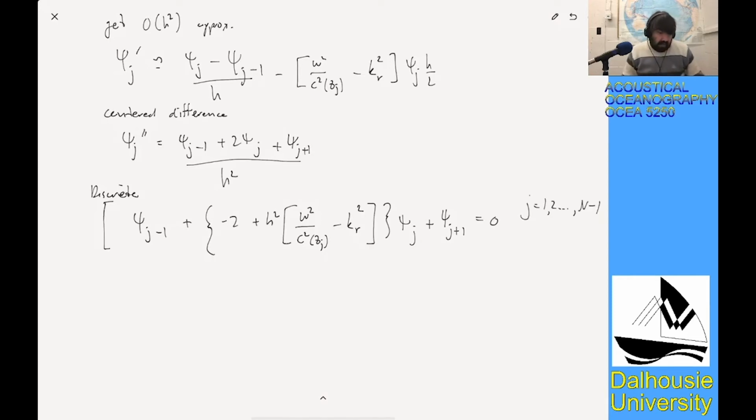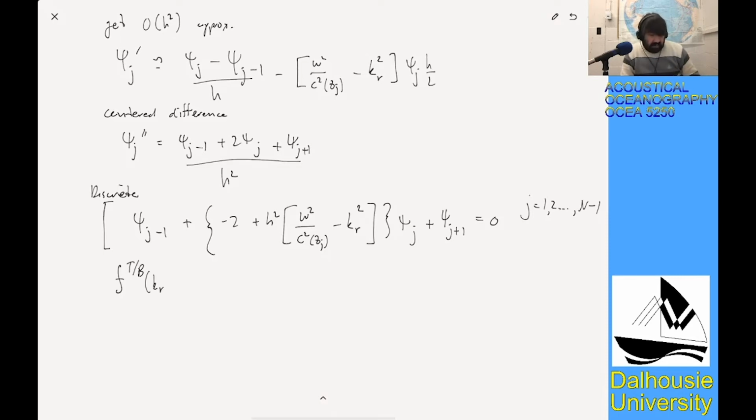Okay? Now, at the boundary, we can represent our boundary conditions in a few different ways. But for the continuous problem at the boundary, we had this functional form, which I'm going to introduce and explain.